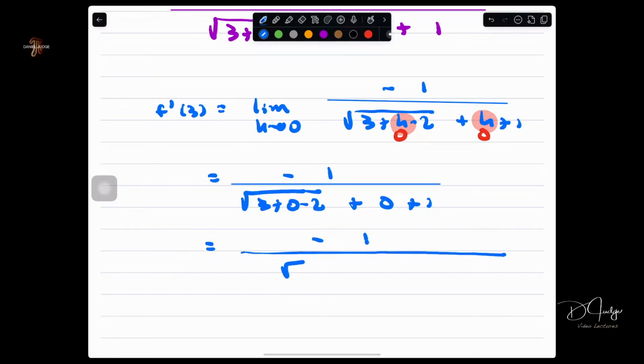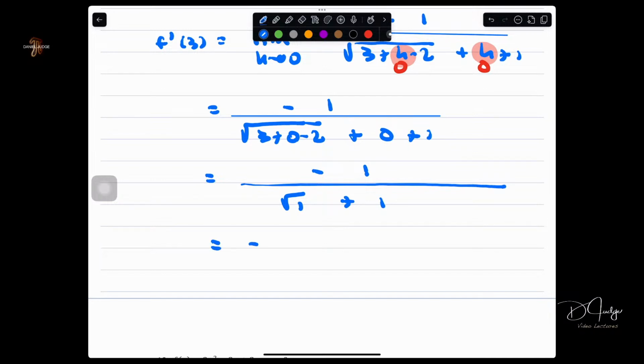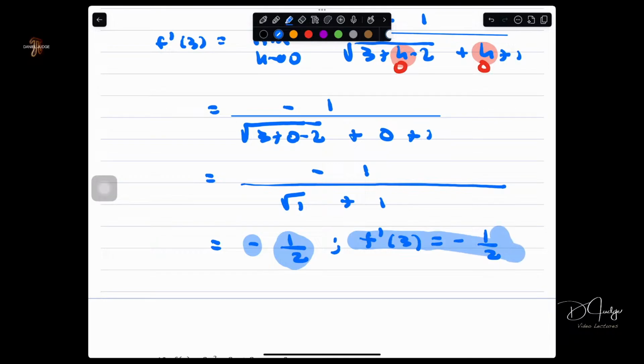And this is the square root of 1 plus 1. Ladies and gentlemen, this is negative 1/2. All right. So f prime of 3 is negative 1/2. There we go. I guess we'll just box it in. Okay. All right.